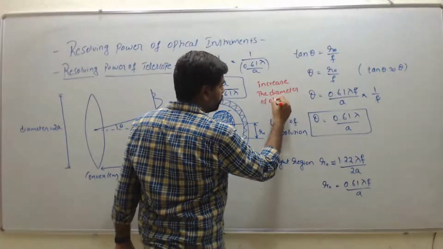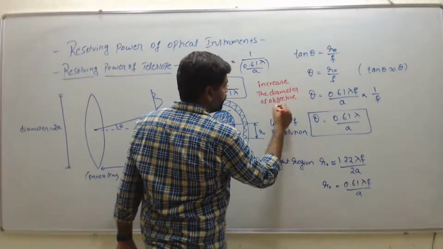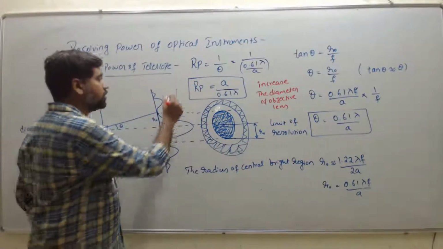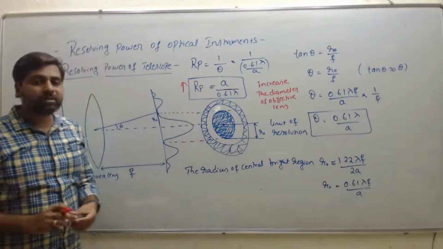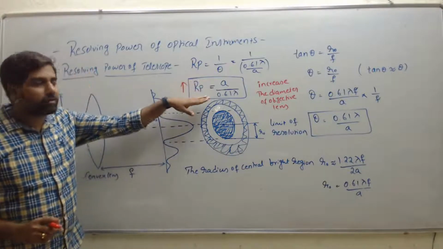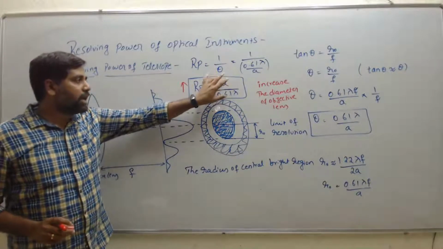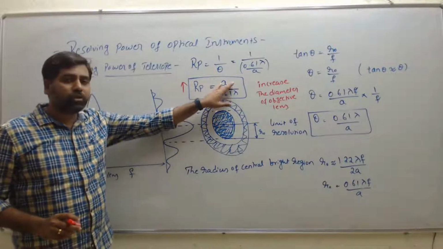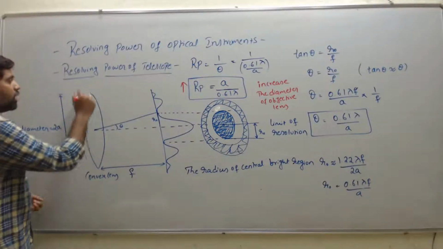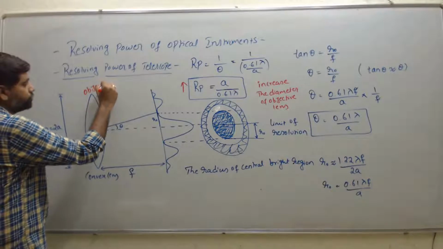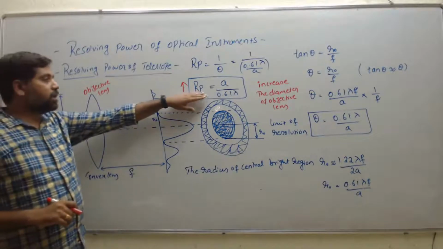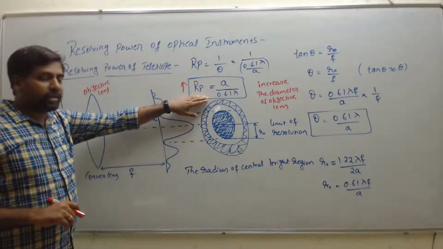If we increase the diameter of the objective lens, then the resolving power will increase. The up arrow represents increasing resolving power. Because Rp is directly proportional to a, if we increase the diameter of the objective lens, then automatically the resolving power of the telescope will increase, right?